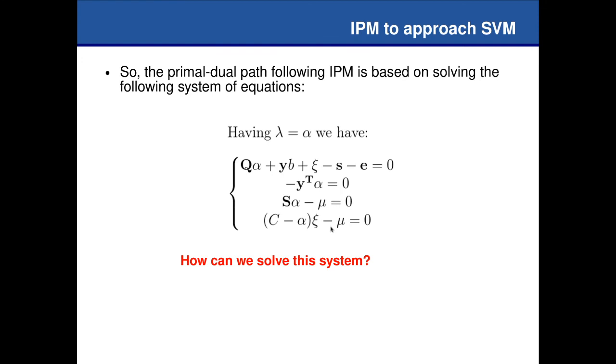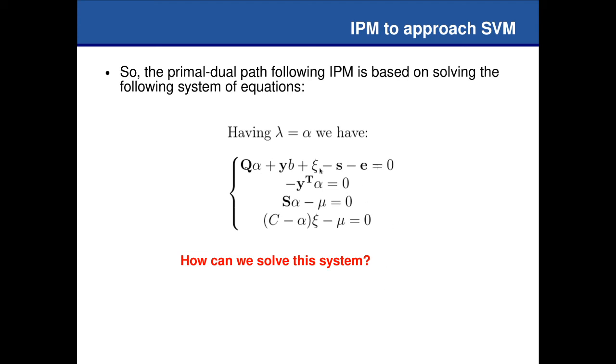Of course, this problem is more complex than the other problem we were solving together for the linear optimization problem. How can I solve this? You guys know how to solve it.